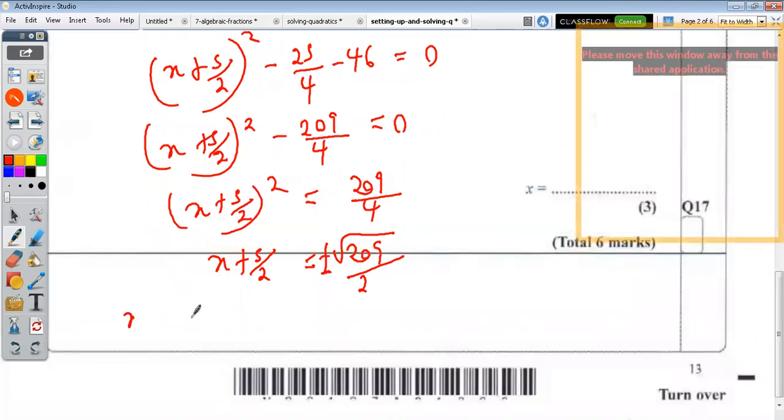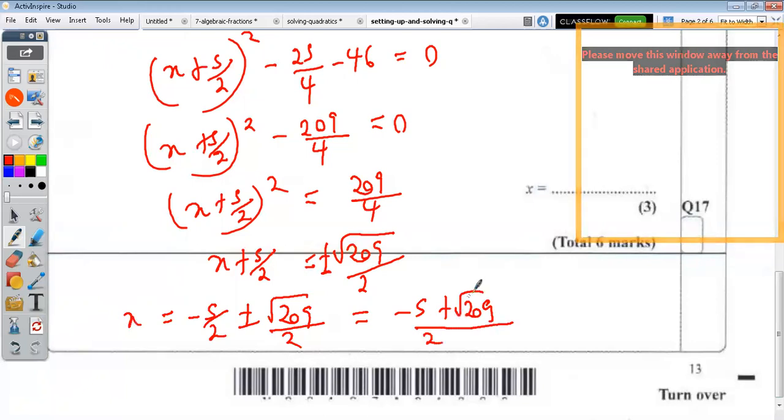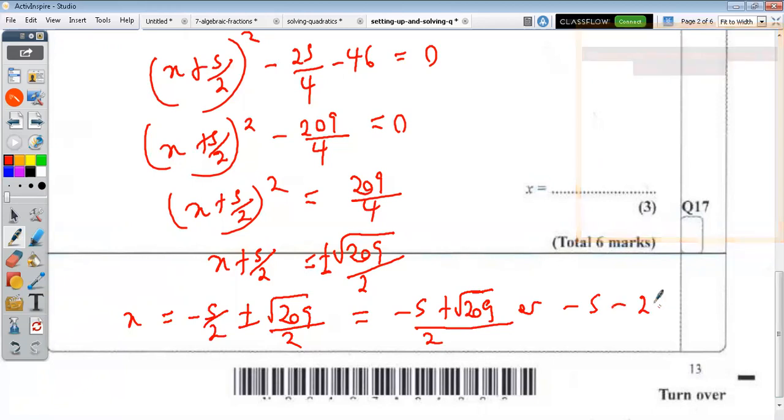So x is equal to minus 5 because it was a positive, plus or minus root 209 over 2. Same denominator. So it means minus 5 plus root 209 over the same denominator, or minus 5 minus root 209 over the same denominator.